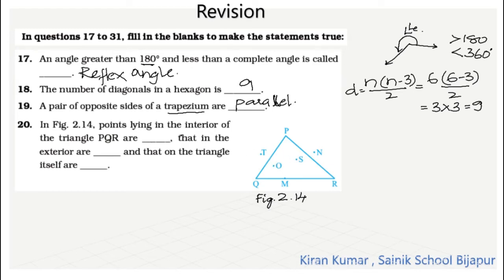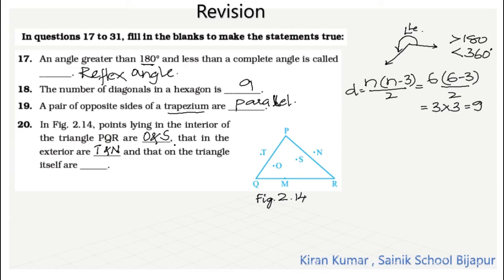There are 2 points inside the triangle, that is point O and point S. There are 2 points outside the triangle, which is exterior to the triangle, that is point T and point N. If you observe the triangle, PQR is present as the vertices.